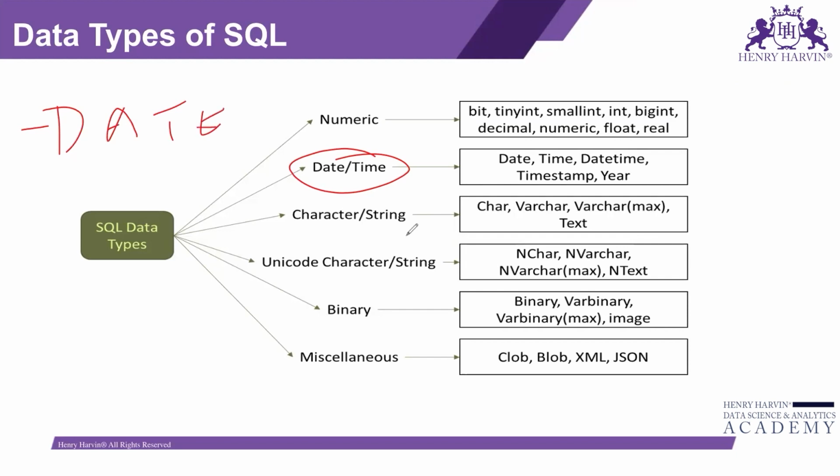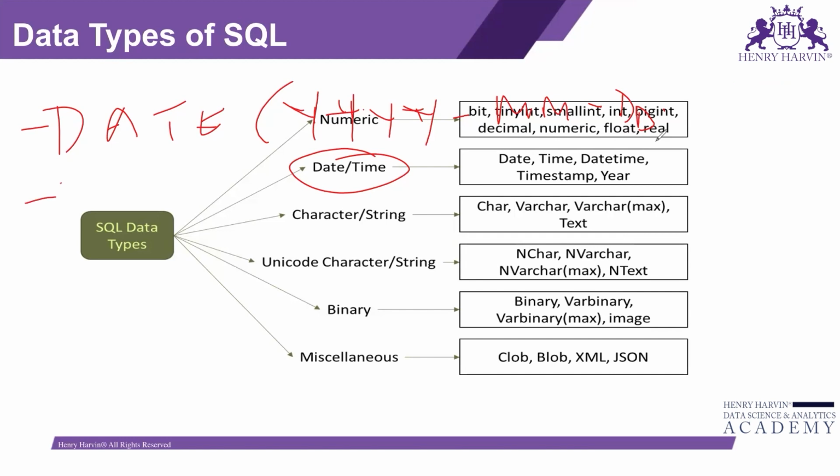The date is used so that we can represent date values. The date values are given in the form of year, month, and day. That's how the date is represented.